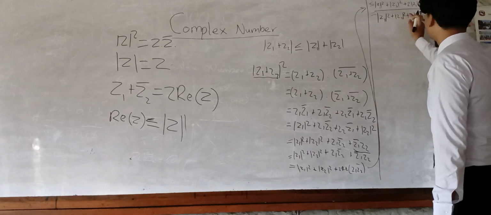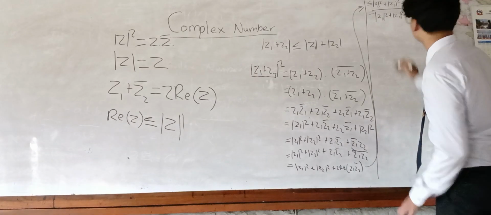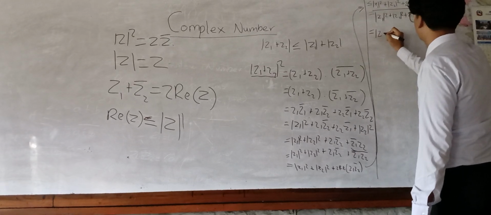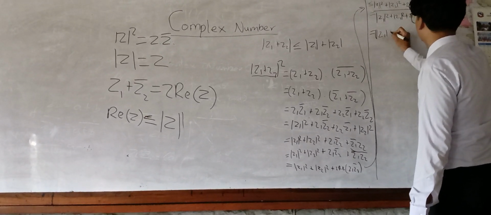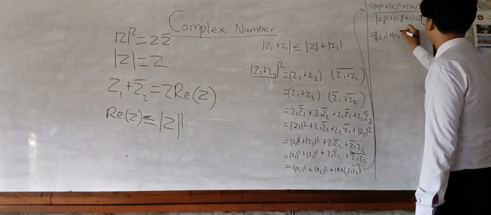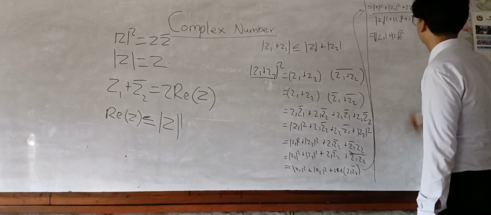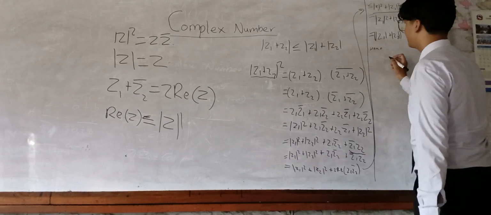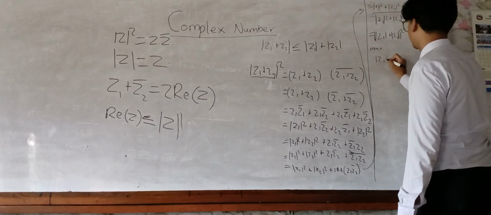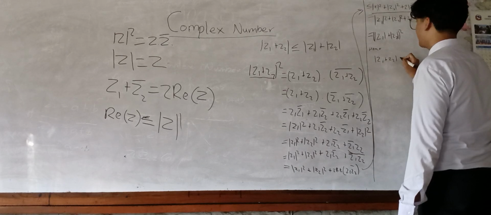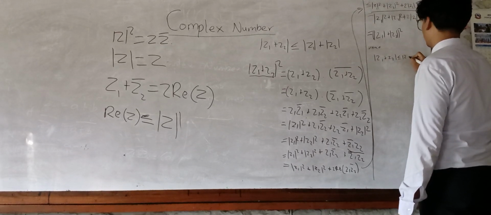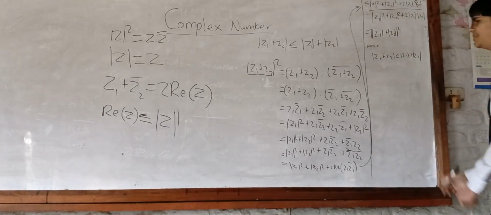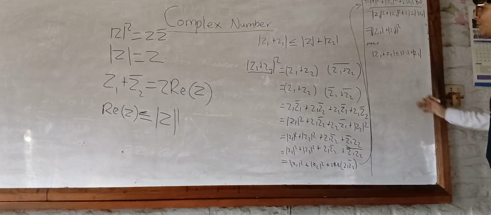Now we can see we have a square here, so we can write this as a whole square. This is the triangle inequality of two complex numbers z1 and z2.